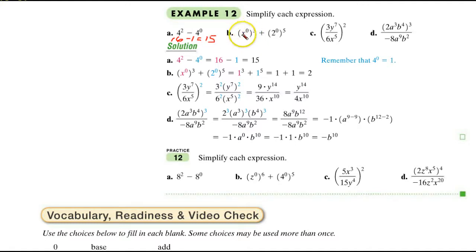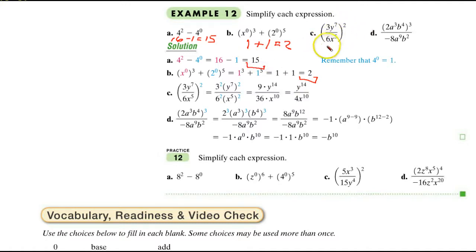Now, x to the 0 power is 1. 1 cubed is 1. Plus, this is 1 to the 5th is 1. So 1 plus 1 is 2. Here we have our answers here.